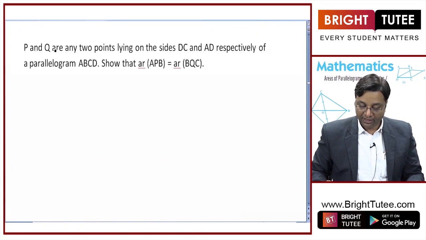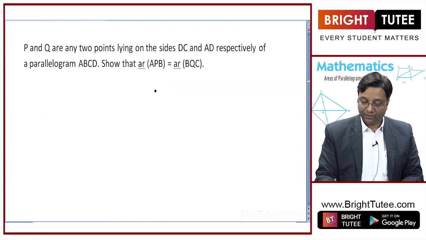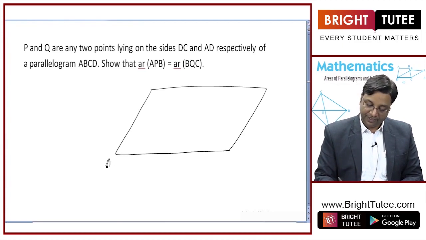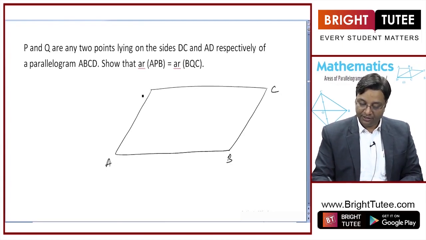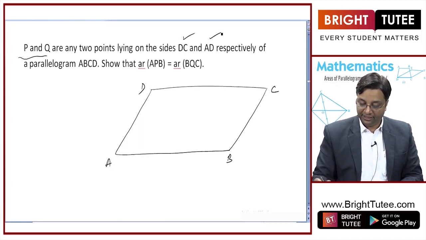P and Q are any two points lying on the sides DC and AD respectively of a parallelogram ABCD. So, let me try to draw this. Let us say this is parallelogram ABCD. P and Q are lying on DC and AD.